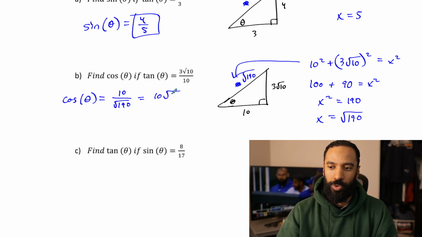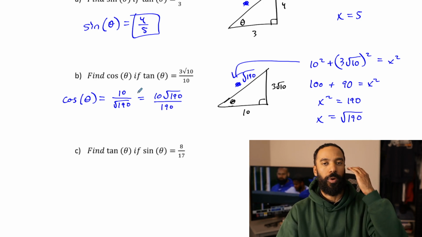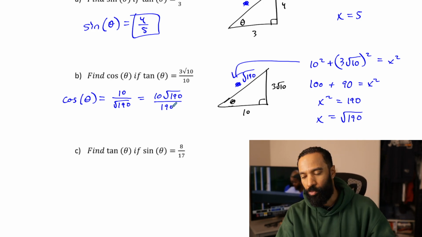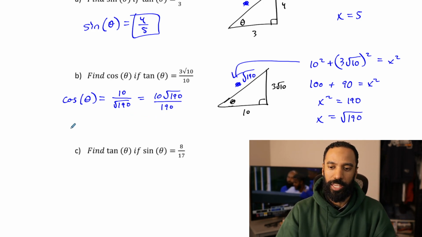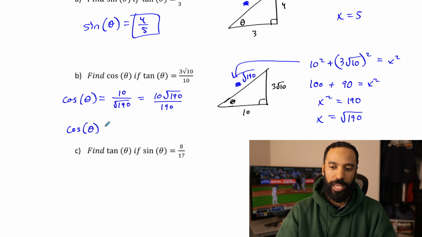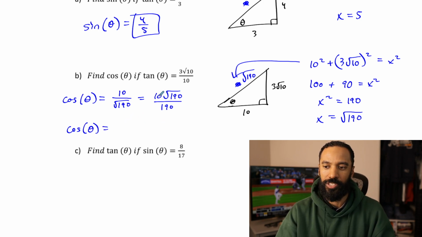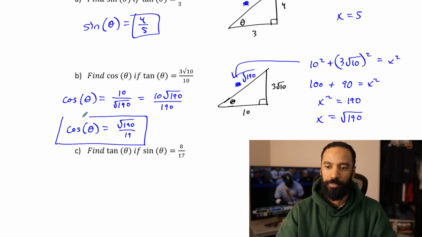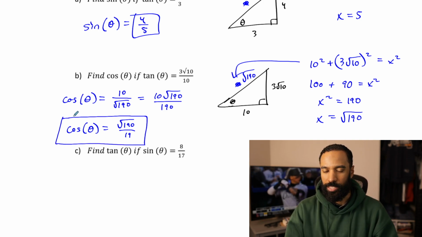Rationalized, it is 10 root 190 over 190. We multiply top and bottom by the square root of 190. That's where we get to. 10 over 190 can simplify because they can both divide by 10. So the cosine of this angle should best be written as 1 root 190 over 19, or just root 190 over 19. And that's the final answer for that guy.